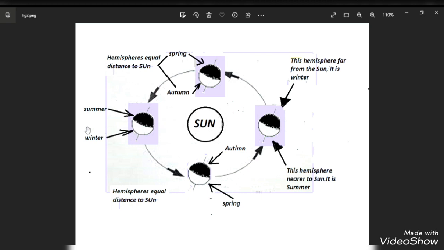This one is further from the sun. Here we are going to have summer. Here we are going to have winter. And by the same token, here we are going to have autumn, and here we are going to have spring, because it is coming from the cold season, from winter. And this is the reason that we have 4 seasons.